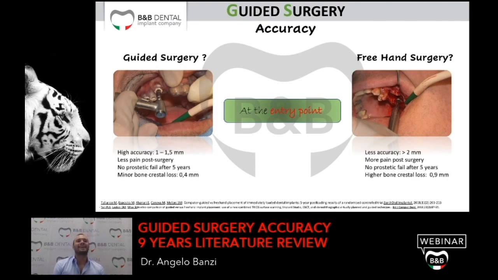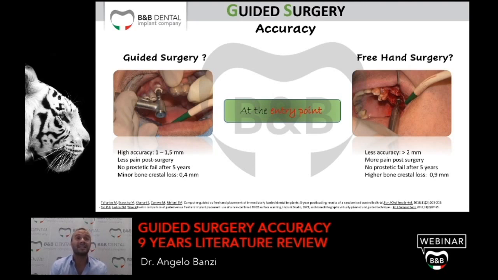We found out that the guided surgery technique has a higher accuracy compared to freehand surgery. Yes, because when you place an implant freehand, the deviation is higher than 2 millimeters. It means that the deviation between the virtual implant and the real implant is higher than 2 millimeters.